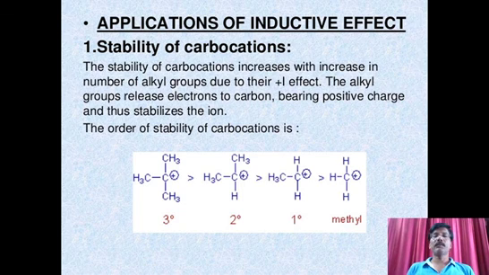If the carbonium ion has plus I effect groups, they push electrons towards C plus. Therefore the C plus ionic charge decreases, and automatically stability increases. Here you see, this is the tertiary carbonium ion, this is the secondary carbonium ion, this is primary, and this is methyl.